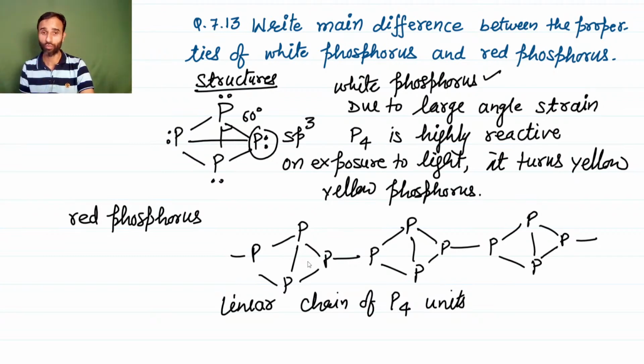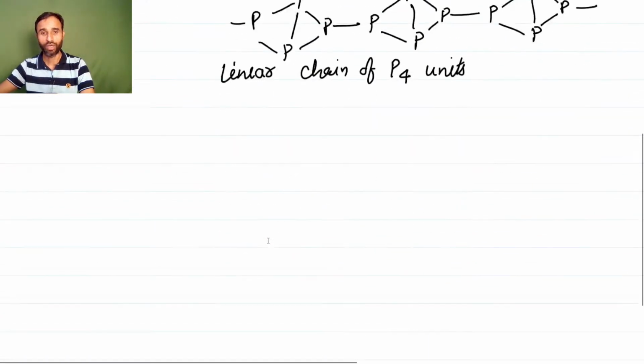So this is the point of difference. First is in the structure, second is in the reactivity. That means white phosphorus is more reactive than red phosphorus. Now, next part, preparation. So, white phosphorus can be prepared from the phosphate rocks by reacting with sand or coke.